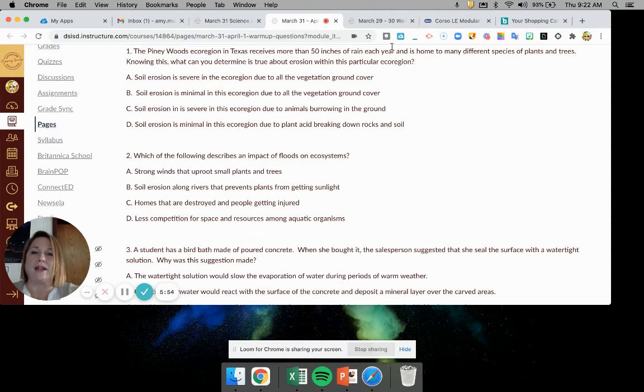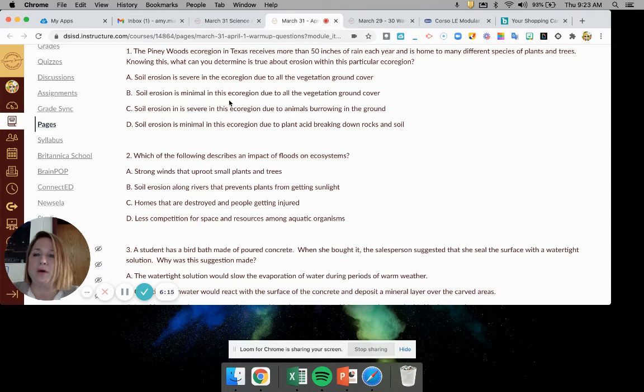So you know that they have less erosion than a place that doesn't have a lot of plants and trees. So the best answer is soil erosion is minimal in this region due to all the vegetation ground cover. So the answer to number 1 is B.